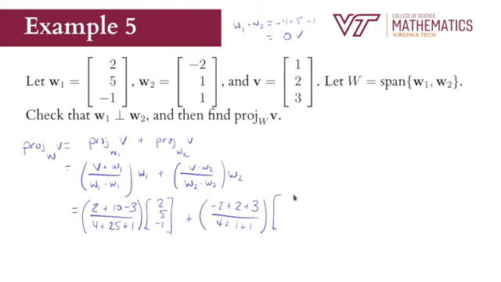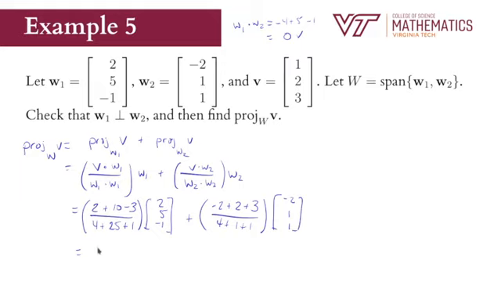And then W2 is -2, 1, and 1. And I'm sure you caught my error over here. No, this is okay. 2, 10, and -3. All right.